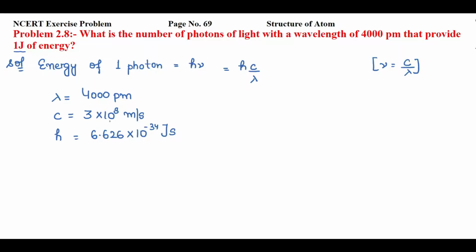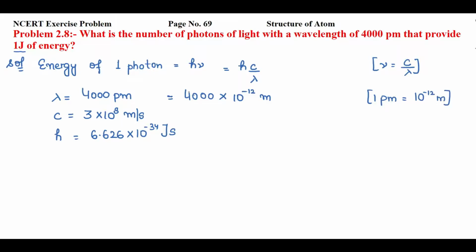Now the velocity of light is in meter per second, but wavelength is in picometer. First of all, we have to convert picometer into meter. I know that 1 picometer equals 10 raised to power minus 12 meter. So it will be 4000 into 10 raised to power minus 12 meter. In bracket you can write 1 picometer equals 10 raised to power minus 12 meter.